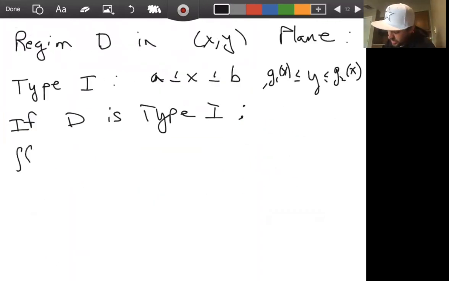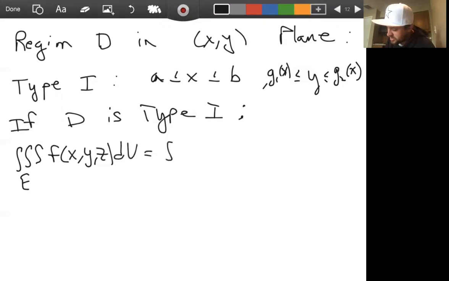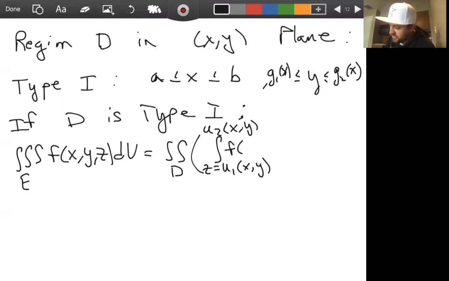So then the triple integral over the region E of f of x, y, z dV was the double integral over the region D of the integral z goes from u1 of x, y to u2 of x, y of f of x, y, z dz dA.